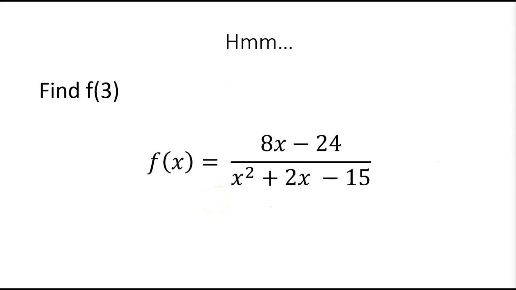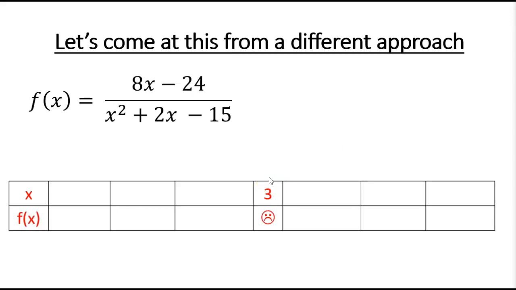Now, let's go a little bit deeper with this question here. We're going to approach it from a different perspective, though. All right? So I know I'm not allowed to plug in 3. When I plug in 3, I get no answer. Okay?